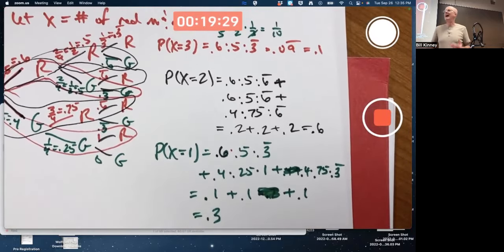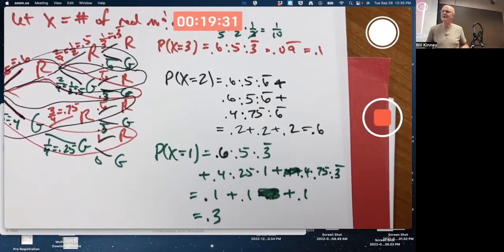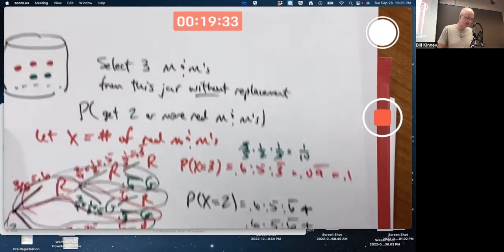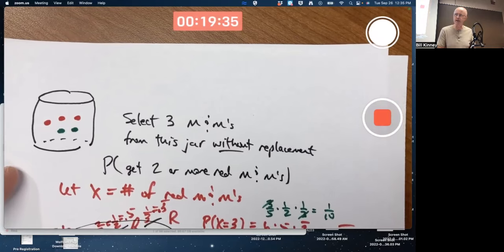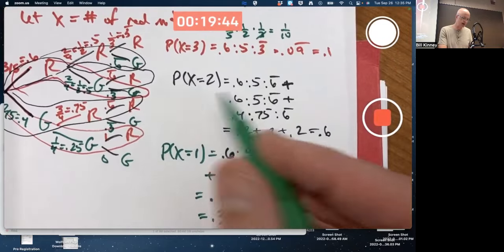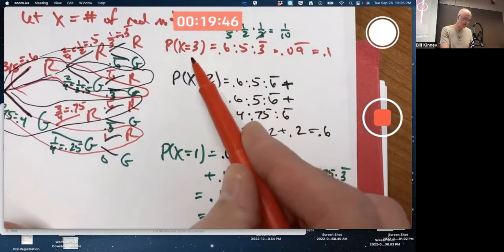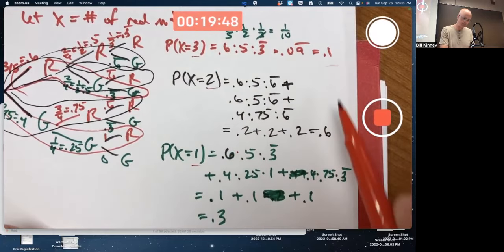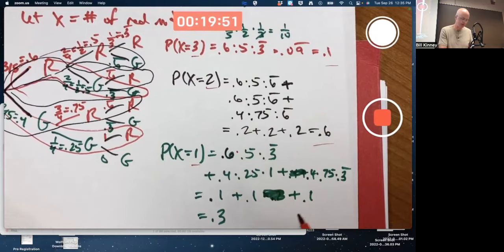Yeah, and there's no way for x to equal 0, right? As x is the number of red M&Ms, you're selecting 3 M&Ms total. You're going to get at least 1 red M&M. So these are the possible values for the random variable x, 3, 2, and 1, and these are the 3 different probabilities that you get for it.